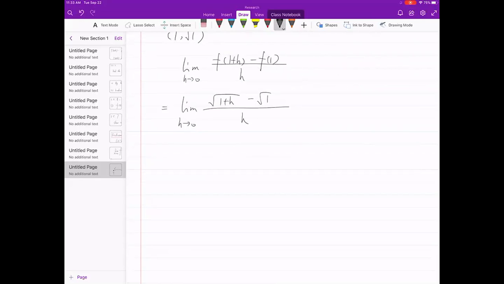Are we good so far? How to find the limit? Zach? Multiply by the conjugate. See, we're getting better. We know how to handle all the cases so far.